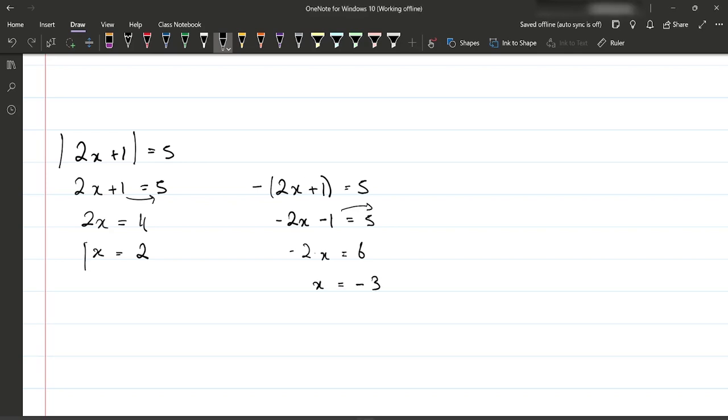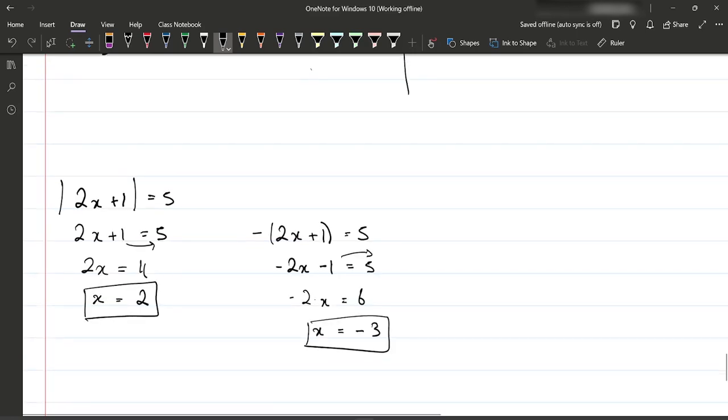Okay, so these are the two values we've gotten that will give us the answer 5. You can check this using your calculator. And that's pretty much all there is to modulus functions.